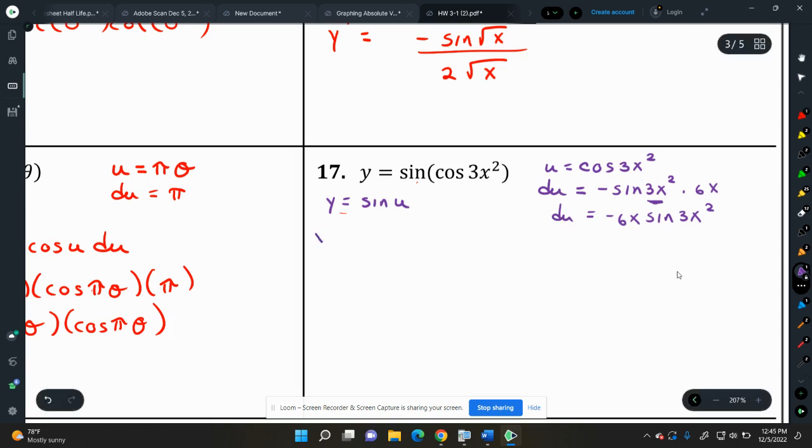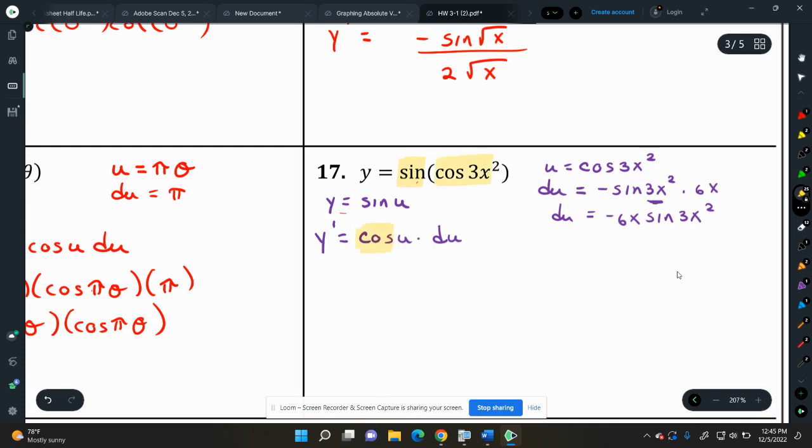So y prime will be equal to cosine u times du. Right? The outside is taking the derivative of sine, and that is the cosine.